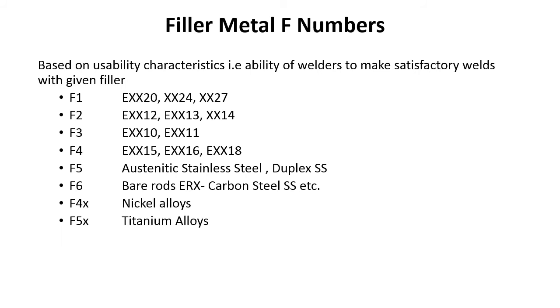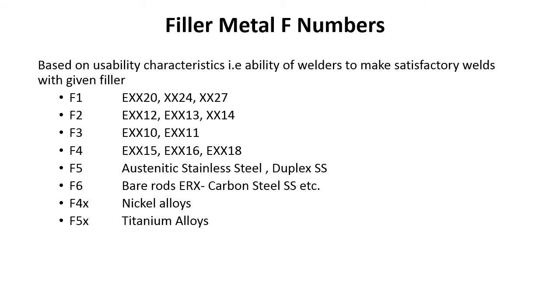Remember when we went over filler materials and shielded metal arc welding, we talked about that 20, 24, and 27 on that F1. That 2 indicates that this is used in the flat position. So if you qualify a welder with a filler material that is flat only, you're not going to let him weld in all positions with that qualification.